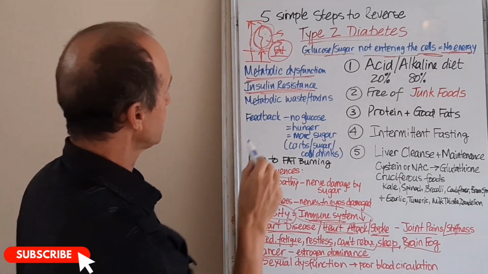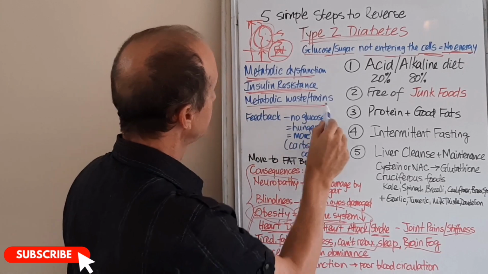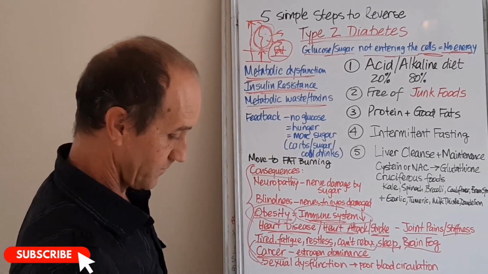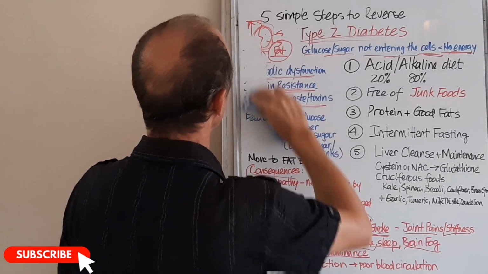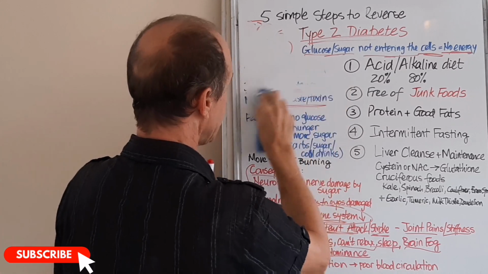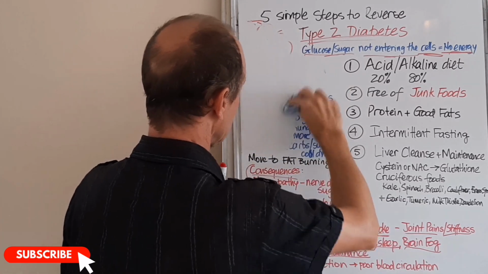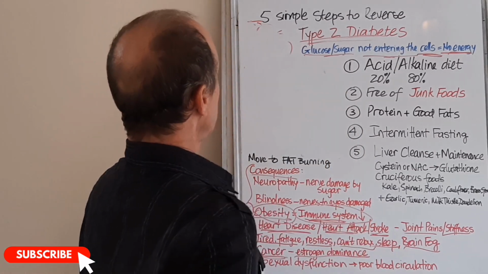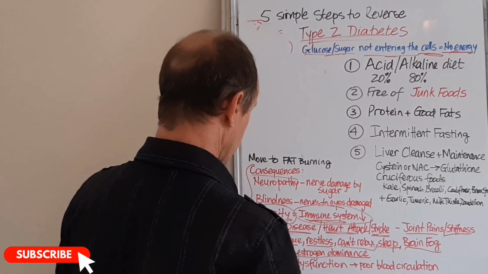Now, the other thing is called metabolic waste and toxins. So I'm going to erase these things now so that I can write a little bit here to show you what metabolic waste is. So what is metabolic waste?